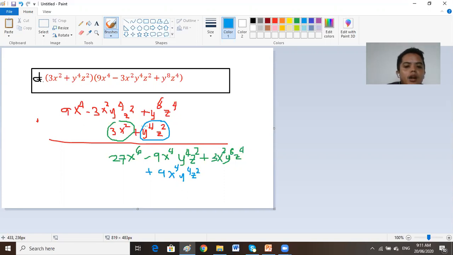And then next is y^4 z squared times this one. You multiply. So the result is plus or minus 3x squared y^8 z^4.